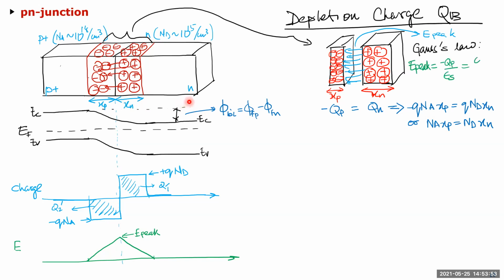Now, if you use Gauss's law, as I had explained in the morning, if you take this volume and enclose it to the surface, and here all the electric fields are coming out on one side. If I take a unit area on the P side, then it is basically QP, the total charge or unit charge, depending on what electric field you are computing, divided by the permittivity of that material.